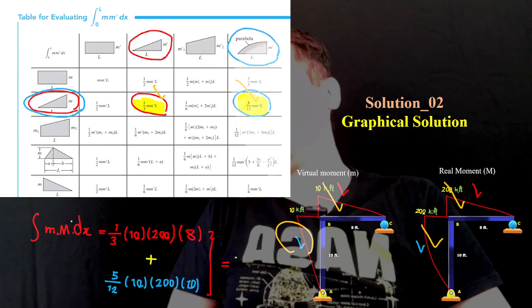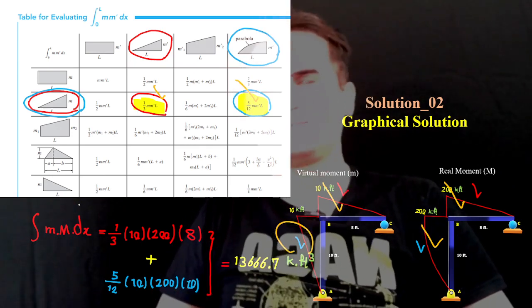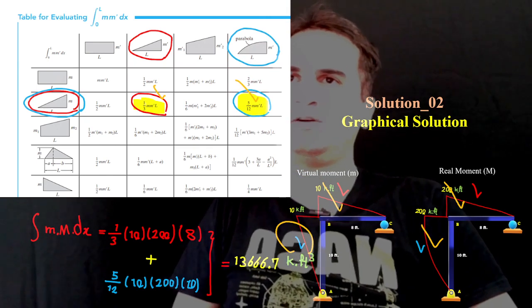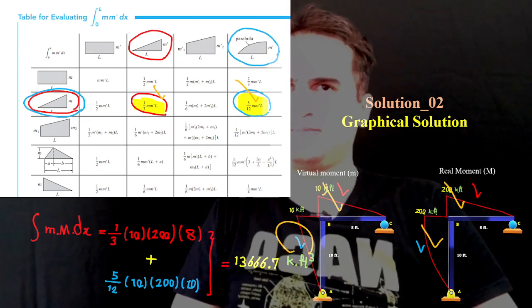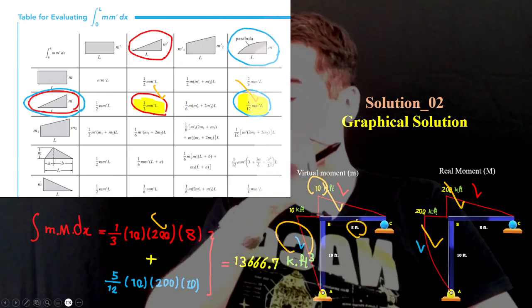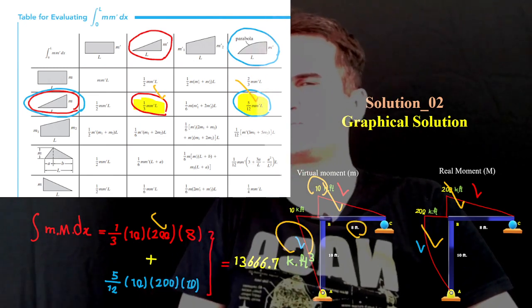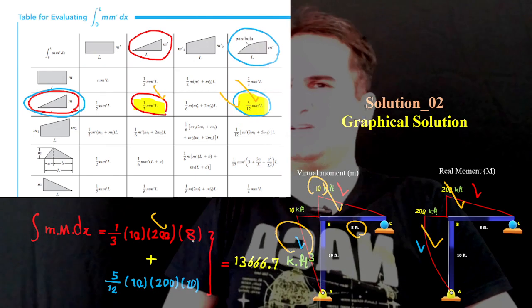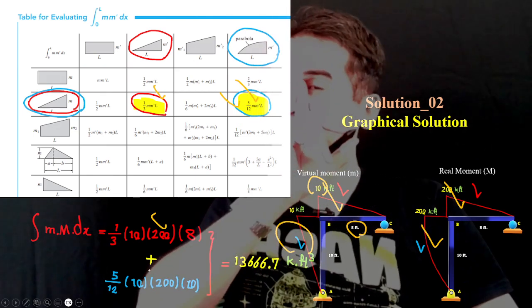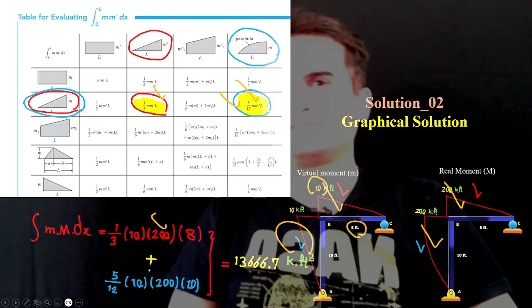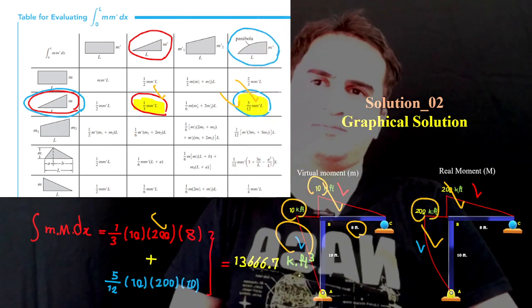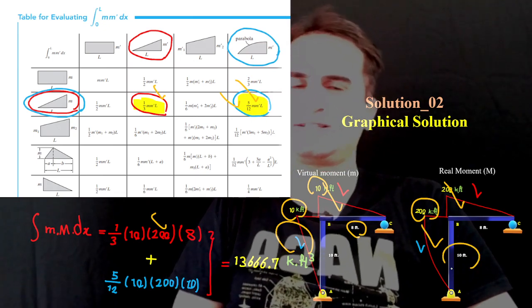So the integration of small m times capital M dx is equal to a third of 10 times 200 times the length, which is 8, plus 5 over 12, which comes from here, small m capital M times the length, which is 10 feet.